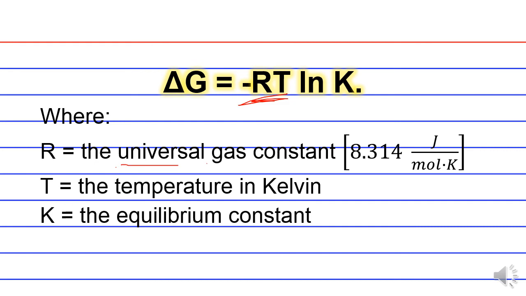And that's in joules per mole Kelvin, and has a magnitude of 8.314 because there's another version of the universal gas constant. And T, okay, that's the temperature in Kelvin again. And the natural log of K, where K is the equilibrium constant of whatever reaction you're looking at, the reaction of interest. Okay, so that's the equilibrium constant.